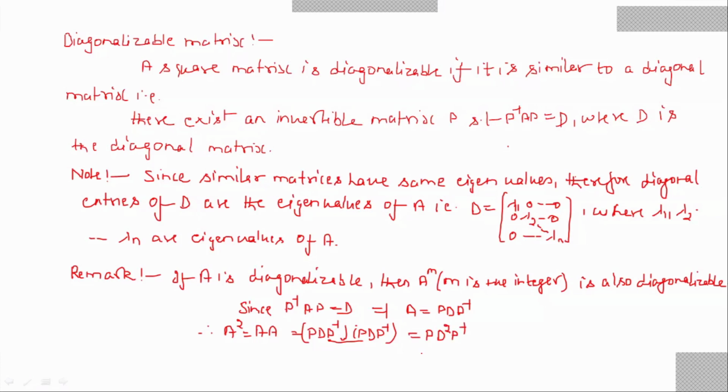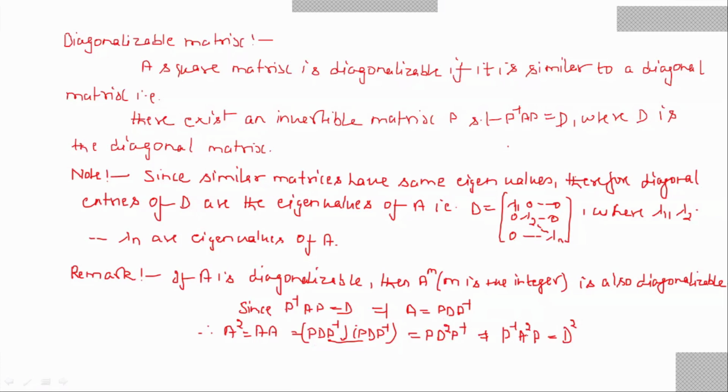Now if you pre-multiply with P inverse and post-multiply with P, you will get P inverse A square P is equal to the D square matrix. If D is a diagonal matrix, then D square is also a diagonal matrix. So what does this mean?